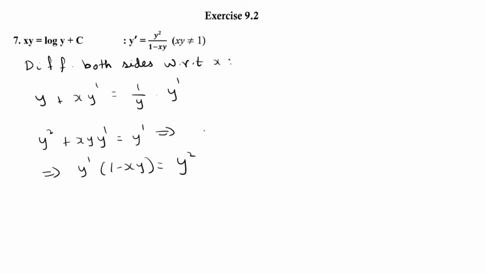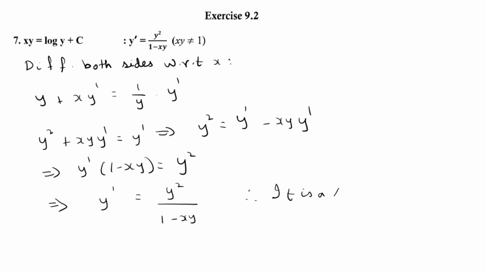That is, from here we have y square is equal to y' minus xy y'. I'm taking it to the other side. So we get y' into (1 minus xy) is equal to y square. From this we have y' is equal to y square by (1 minus xy). So therefore it is a solution.